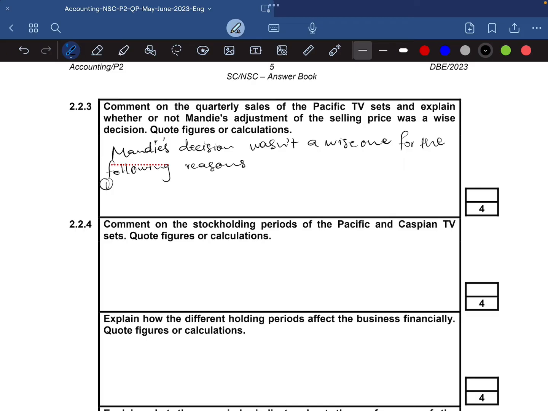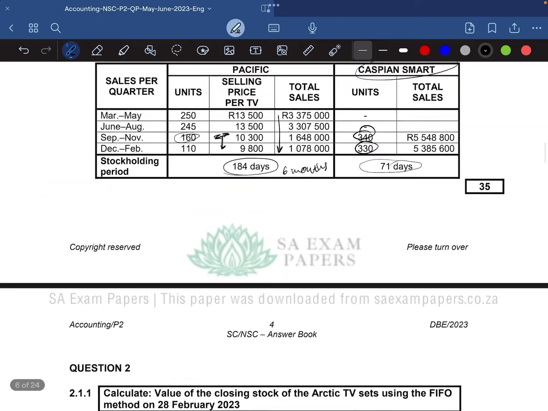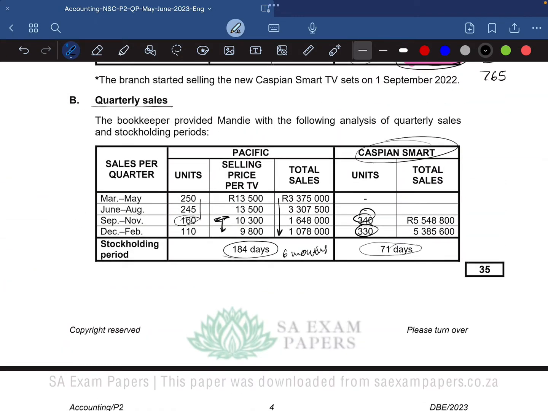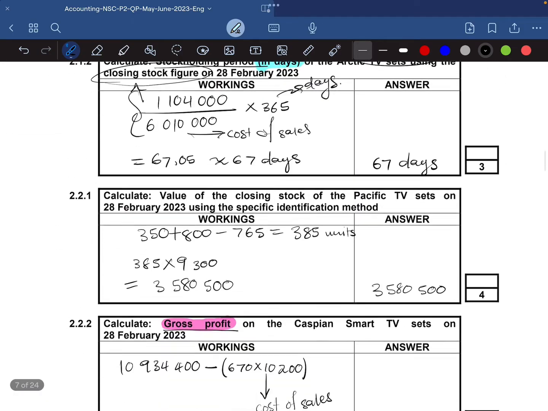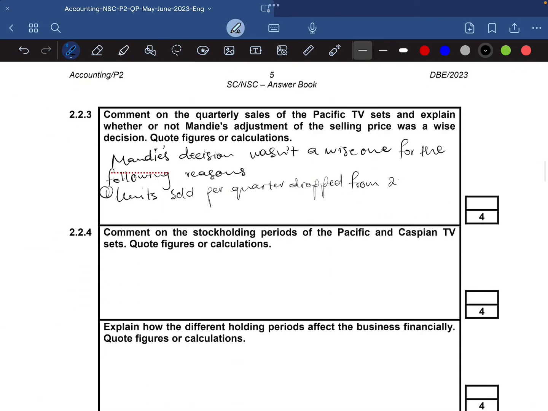So number one, units sold per quarter dropped from 250 to 245, then 160, and lastly 110.